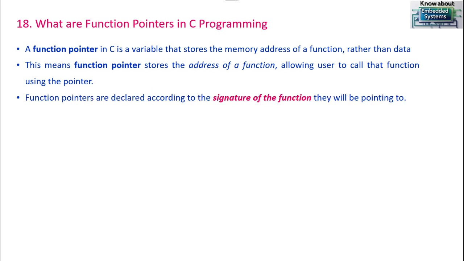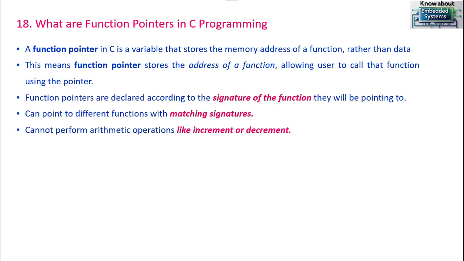In a function pointer, there are a few important things we have to remember. The first and foremost thing is that the function pointer should be declared with the signature of the function to which you want to point. I'll explain with an example later, just keep it in mind.